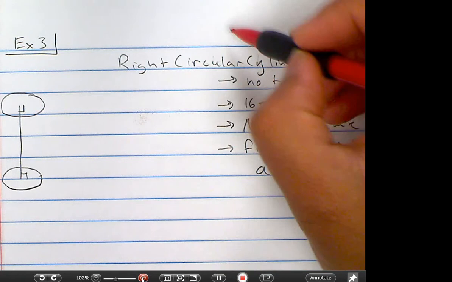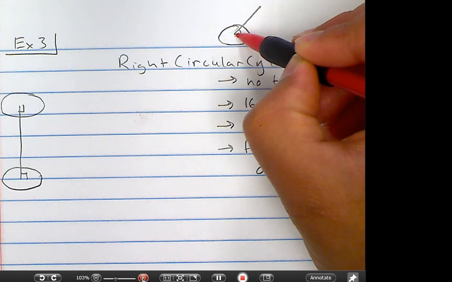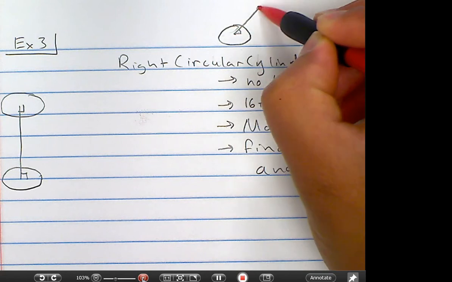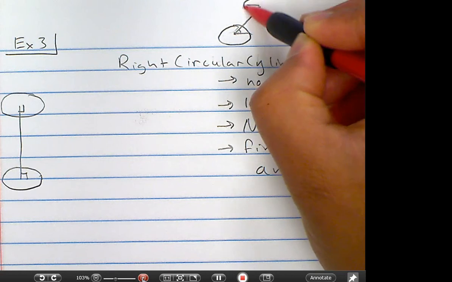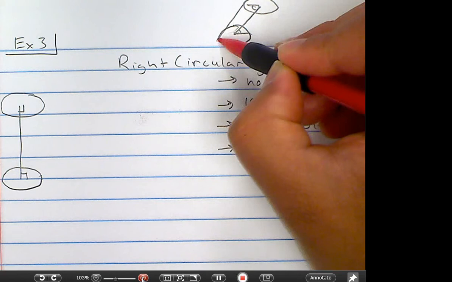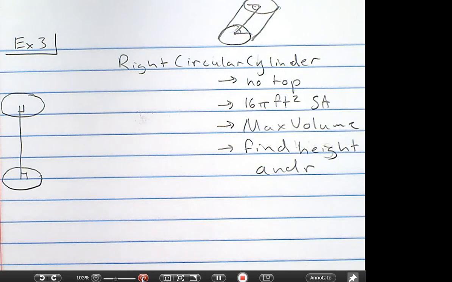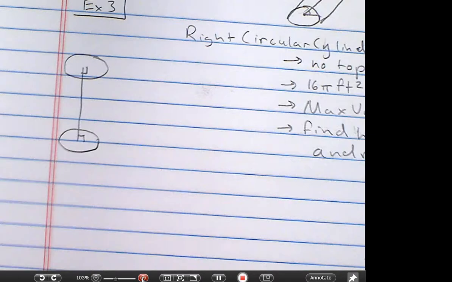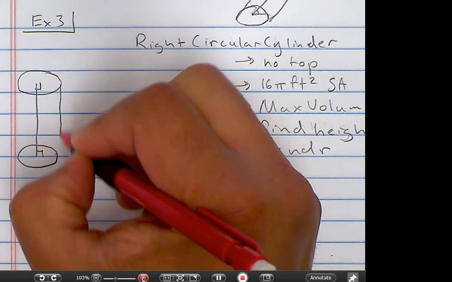If I had a cylindrical base and then it was an angle like so, with the radius. A non-right circular cylinder would be simply a tilted cylinder.